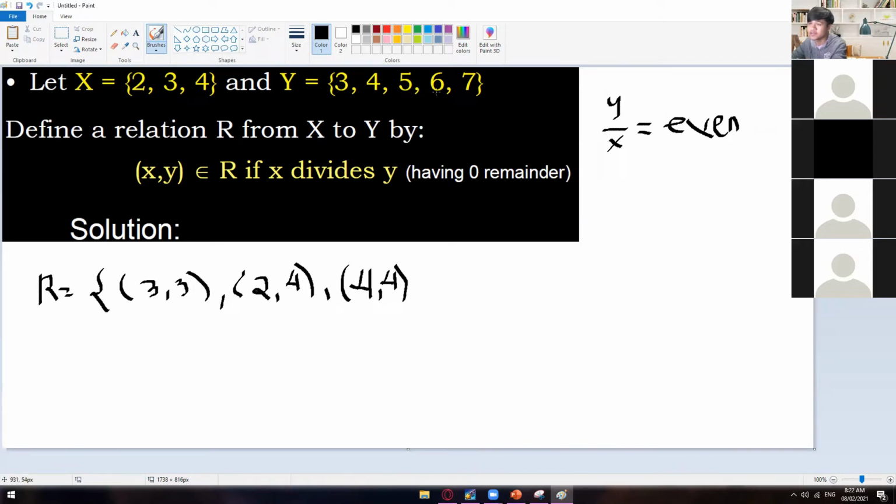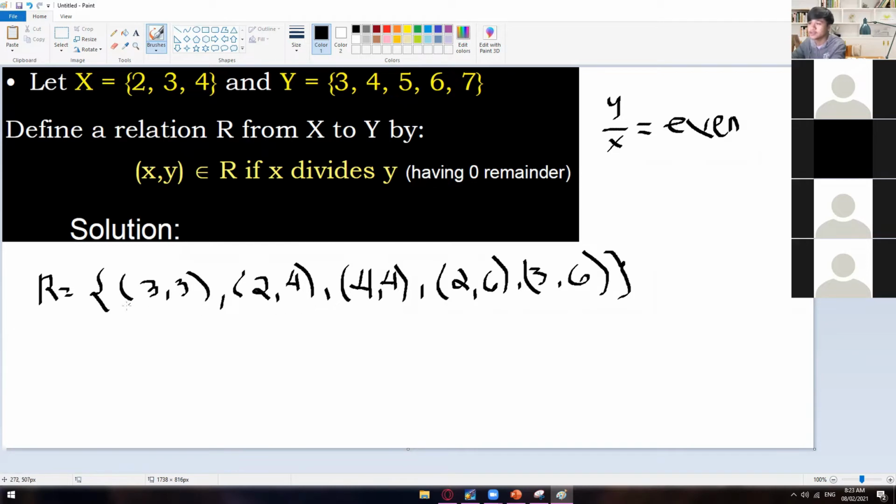How about 6? What are those elements? 3 and 6, 2 and 3, 2 and 6, 3, 6. How about 7? None. All of them will give you a remainder.